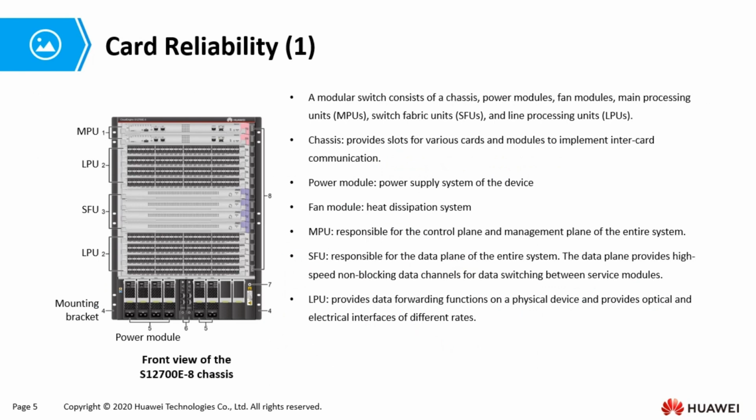Just now we mentioned that under network reliability, one of the levels is card reliability under the switch. Under the switch, looking at the hardware design, basically they have a power module, a fan module, then the MPU, which we call the main processing unit, a switch fabric unit, and the LPU, the line processing unit.